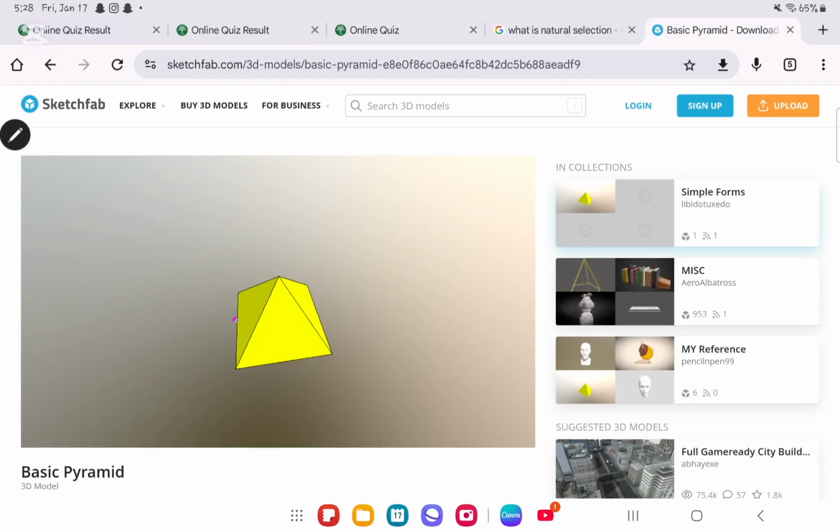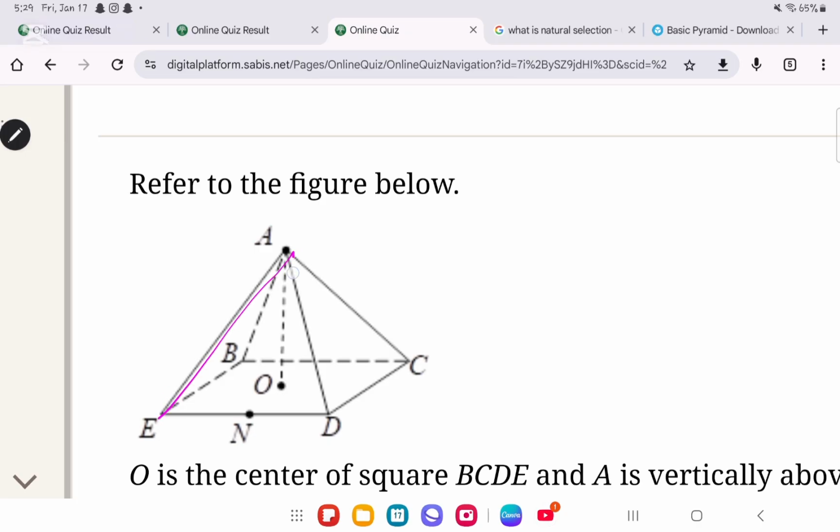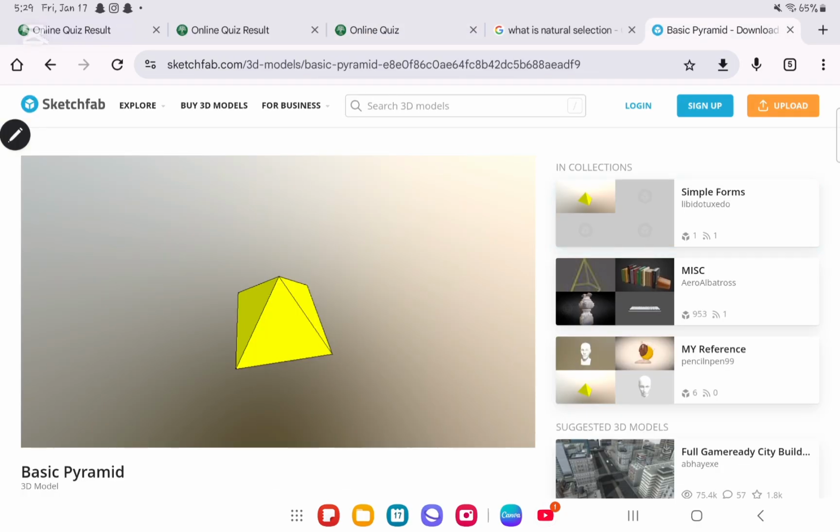They are telling us they want the angle made by plane EAD and BAC, which in this case are this plane and this plane. So it's not this angle over here, but in fact the angle of their medians, which is this angle over here.